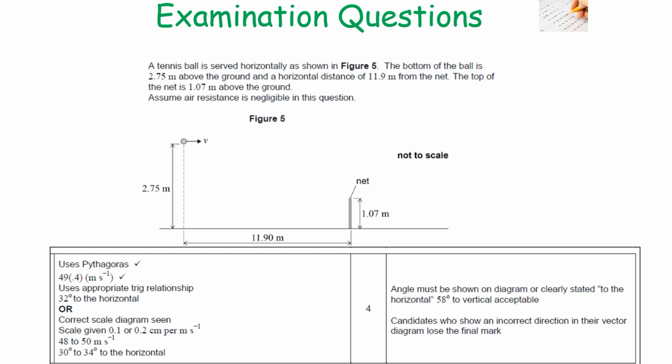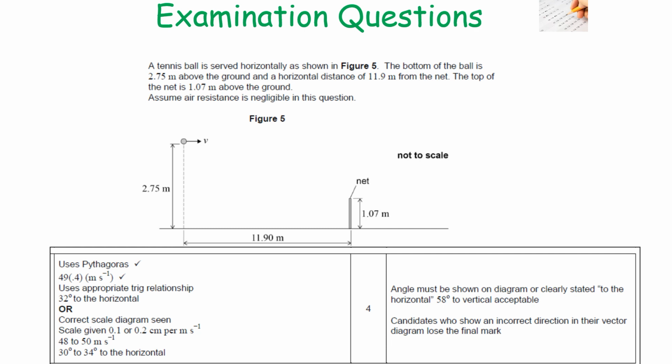Work it through and you get your answer of 49.4 meters per second. Then you can use the appropriate trigonometric relationship: sine is opposite over hypotenuse, cosine is adjacent over hypotenuse, or tan is opposite over adjacent, to work out your angle, which is 32 degrees.